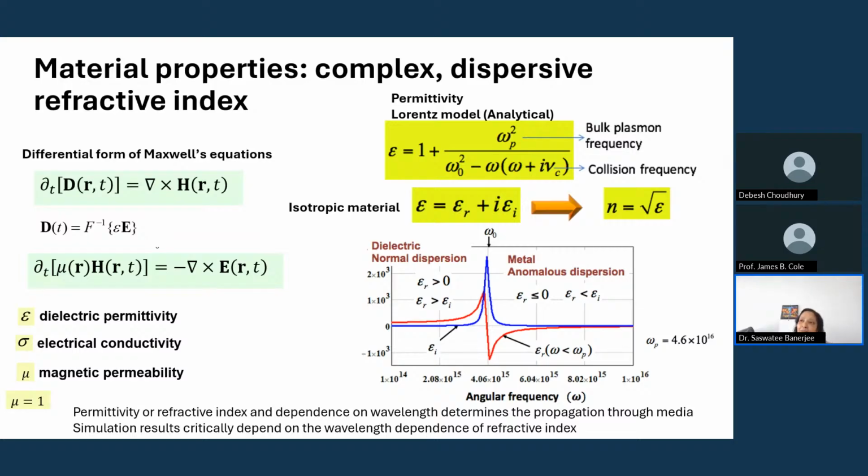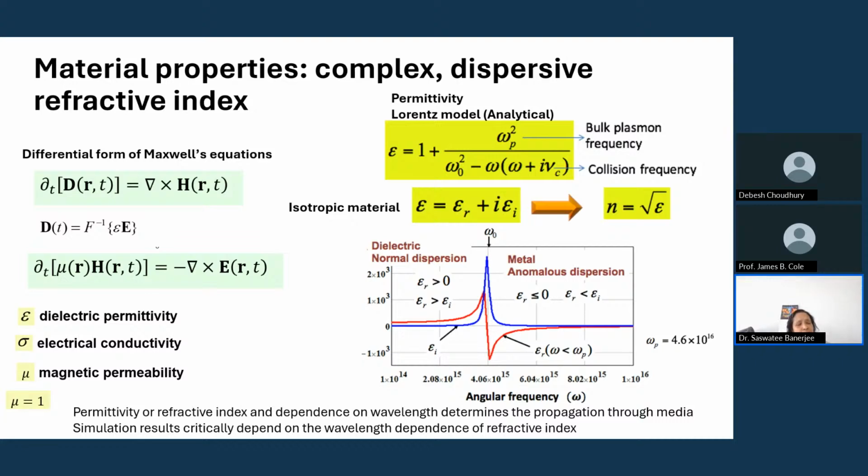And there is something called bulk material. Most of the refractive indices that we're talking about are actually the bulk material behavior. You will see in handbooks, there's a lot of measurement of the refractive index.